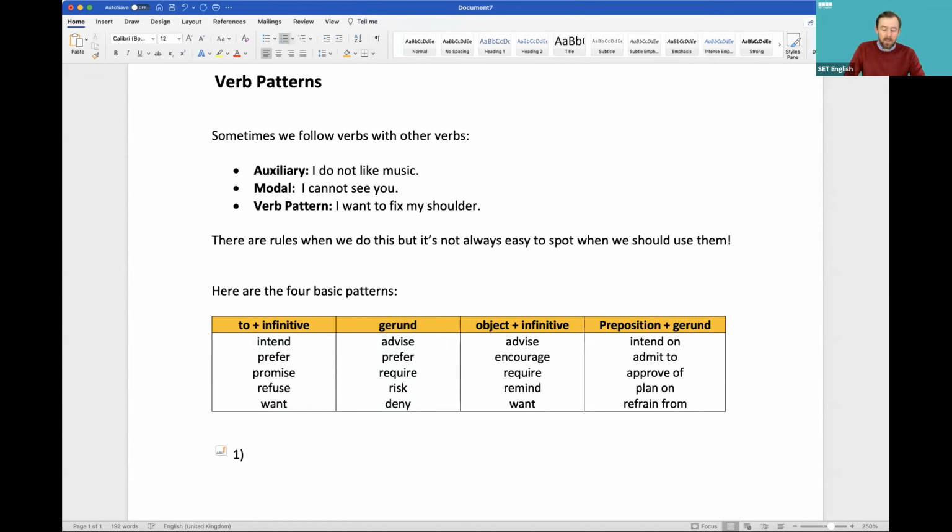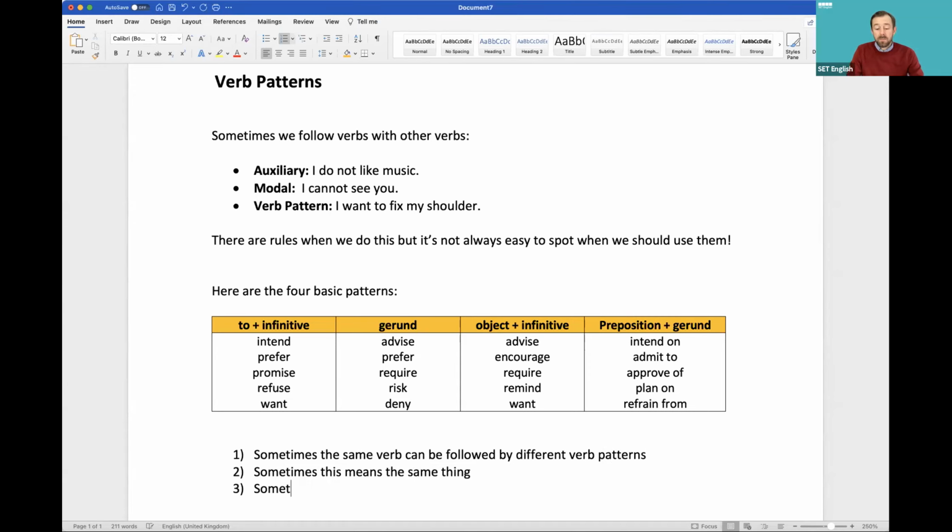Sometimes the same verb can be followed by different verb patterns. That's the first thing we need to know. The second thing we need to know is sometimes this means the same thing. Sometimes it means something different.